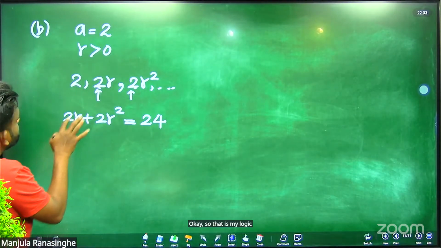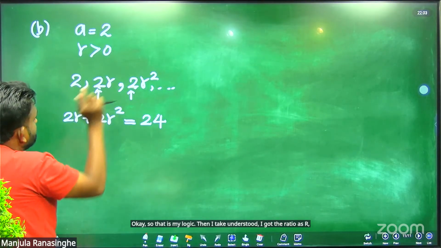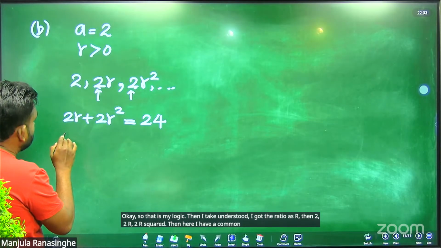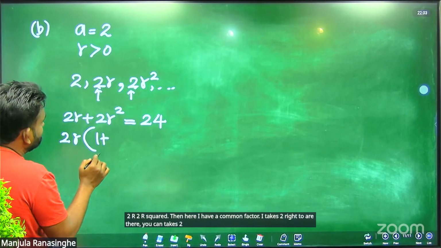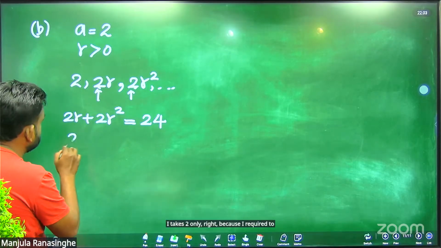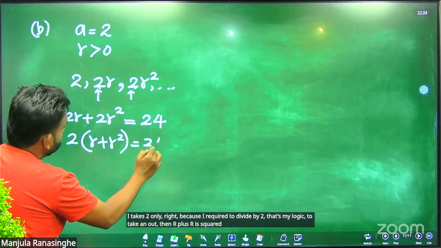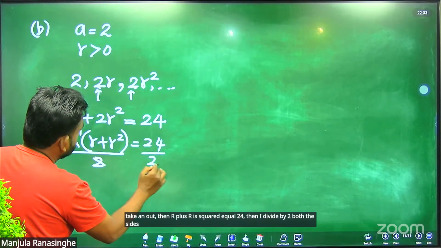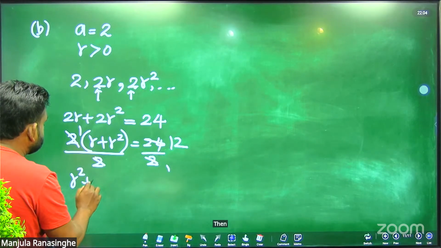So that is my logic. Then here I have a common factor, I take 2. Taking out 2, then r plus r squared equals 24. Then I divide by 2 on both sides, so r squared plus r equals 12.